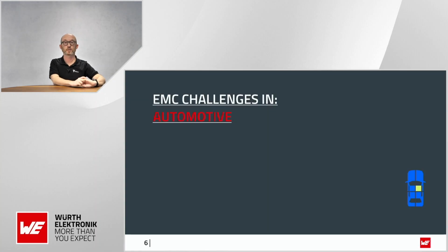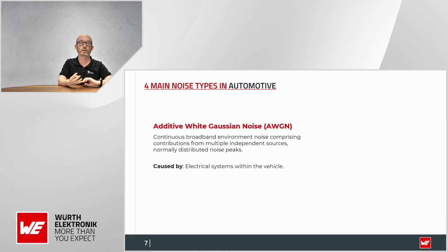Let's start with the EMC challenges in automotive. I want to highlight the four main noise types which exist in automotive applications, or which cause trouble when designing applications. The first one is additive white Gaussian noise. Additive because it is superimposed onto the wanted signal.